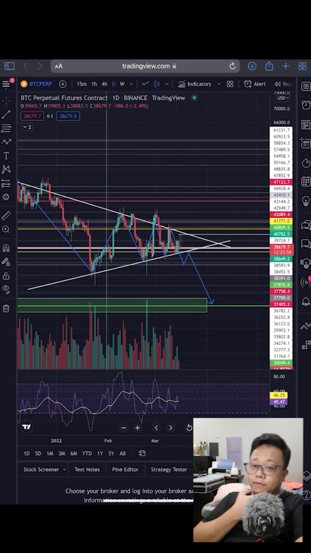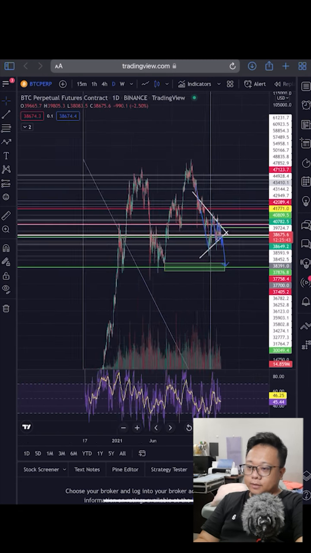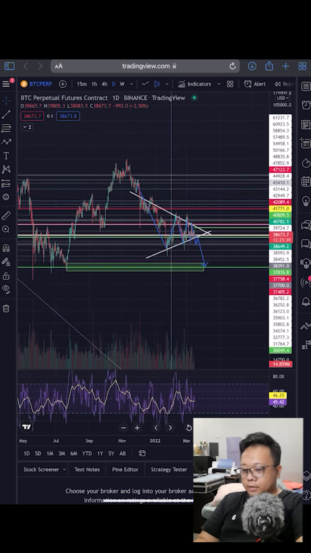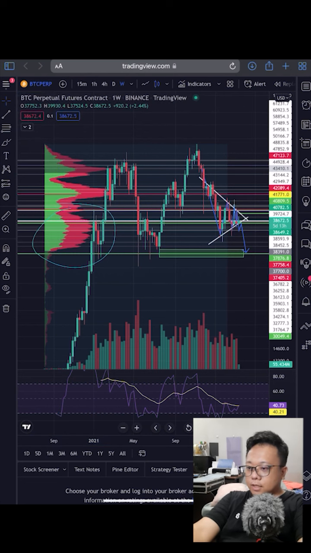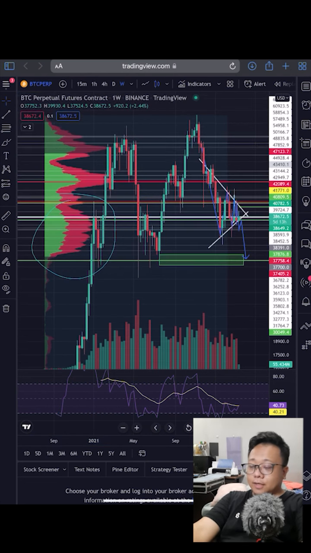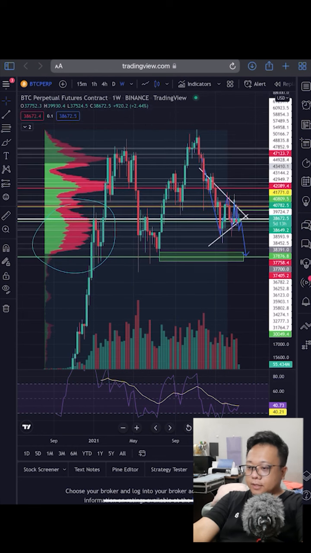If this is what will happen, that's a double top. And what is a double top? It's a bearish pattern. It's unlikely that we'll break through this; it's less likely to reach that.